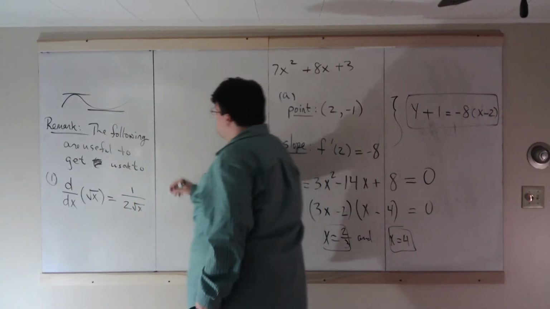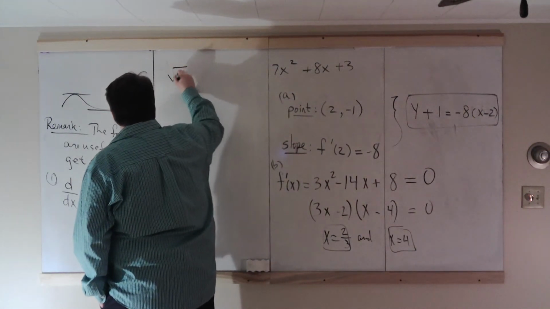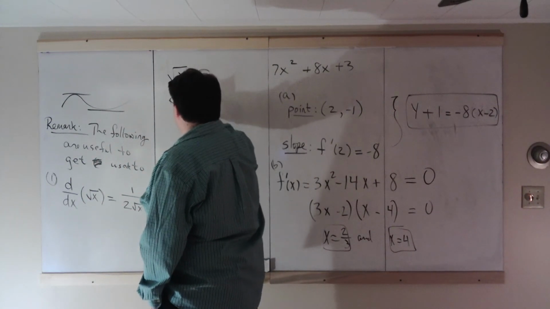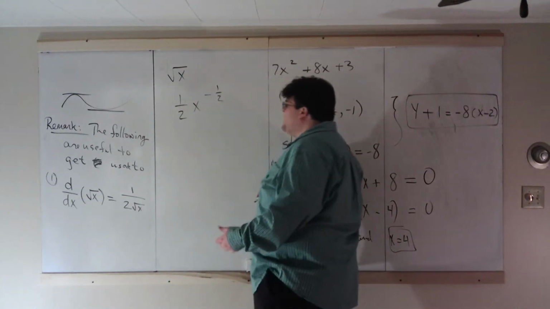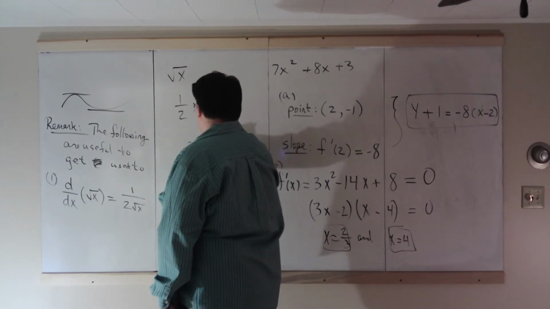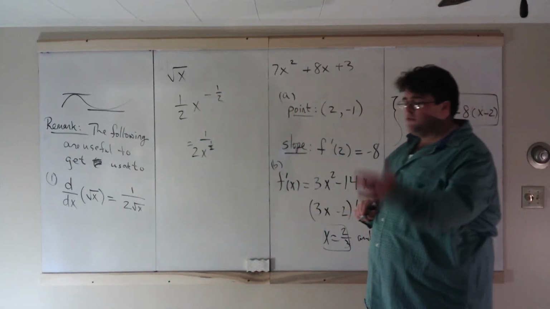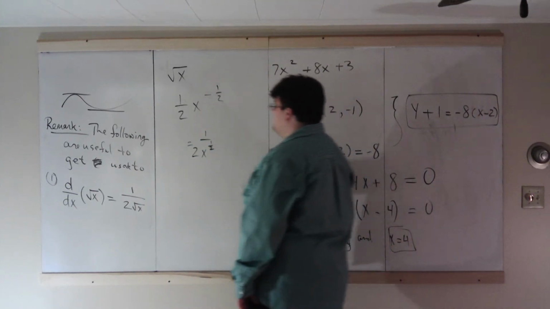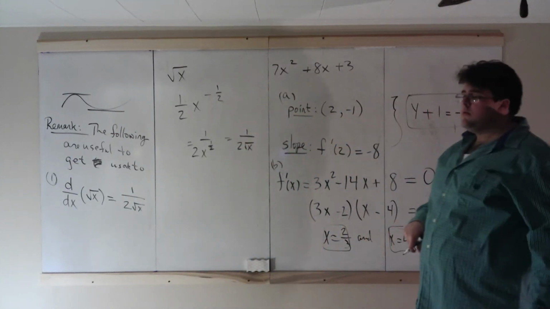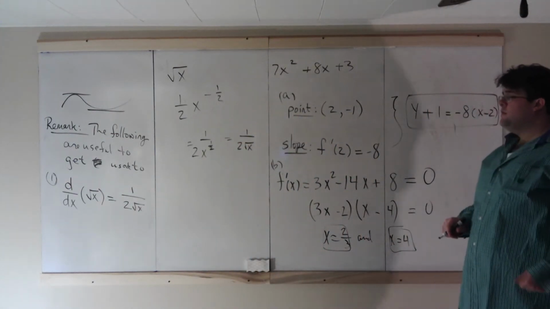Using the power rule, we got half x to the negative half. How does that simplify? Well, a negative exponent just goes to the other side of the fraction. And a half as the exponent is just the square root.